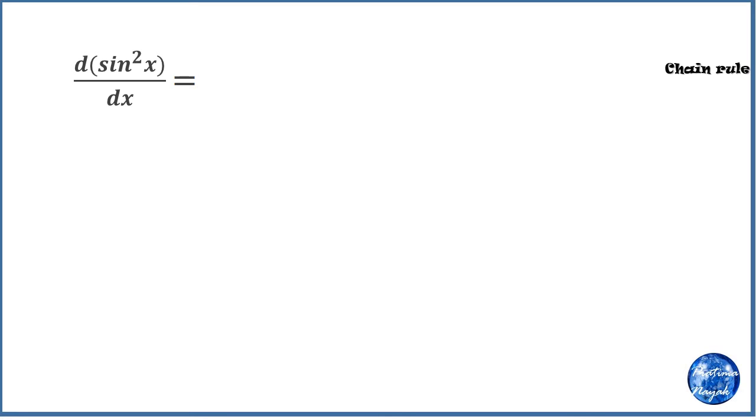Next is sine square x. Sine square x is sine x whole square. Here the outer function is square, inner function is sine x. So how to get the derivative of the outer function x square? It will be 2 times x.